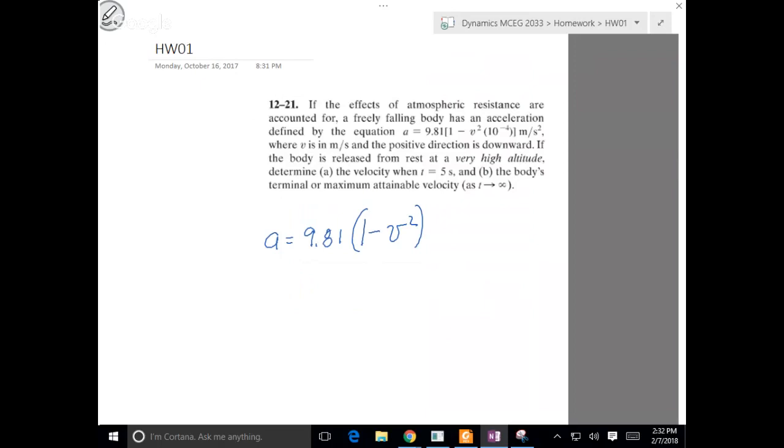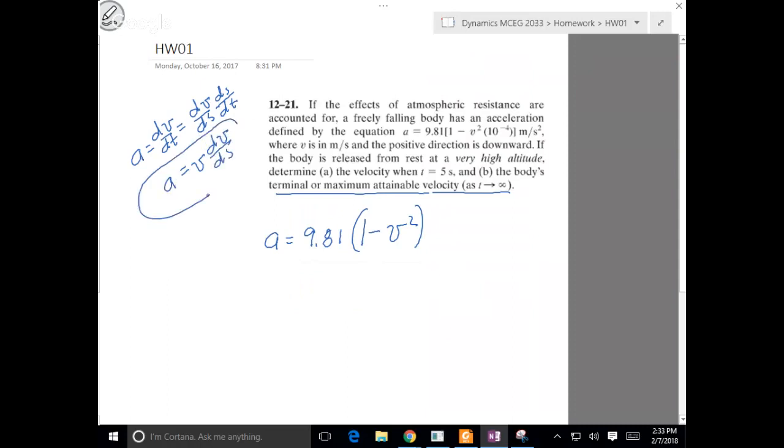The body's terminal or maximum velocity is attainable at t equal to infinite seconds. That'd probably be a better question. So acceleration is equal to dv/dt, which is dv/ds times ds/dt, which is nothing more than v dv/ds. That's the term you're stuck with.